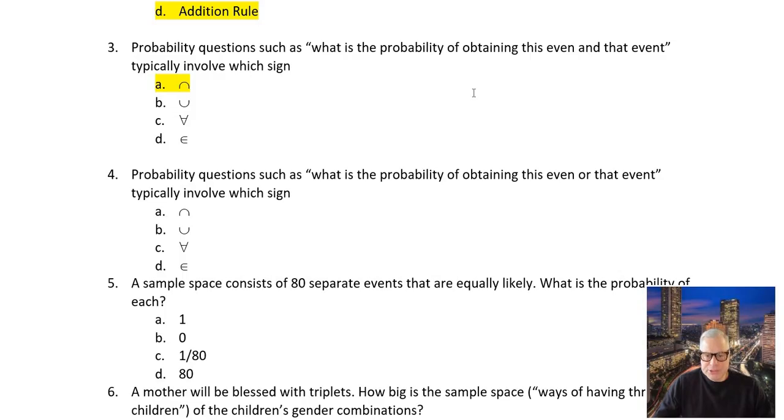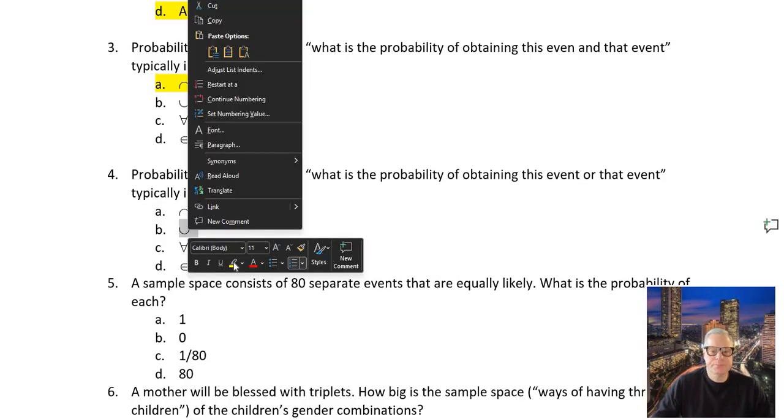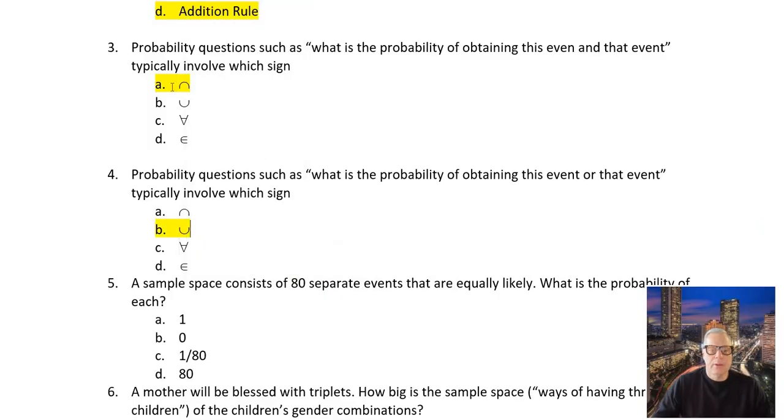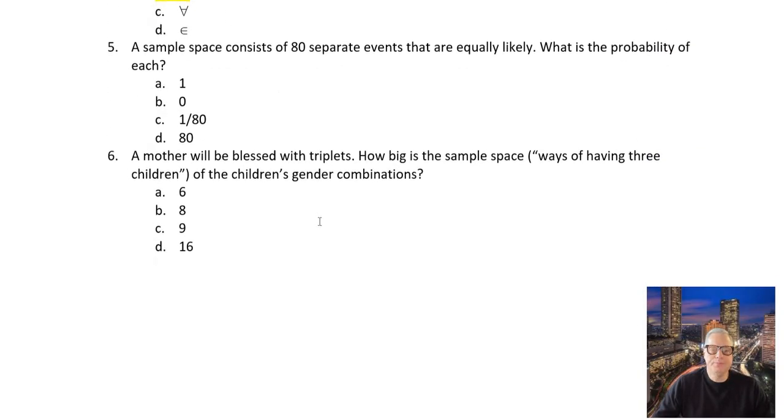Probability questions such as what's the probability of obtaining this event or that event typically involve which sign? Well, that's the union sign. The intersection sign is typically read as and, and the union sign is read as or.